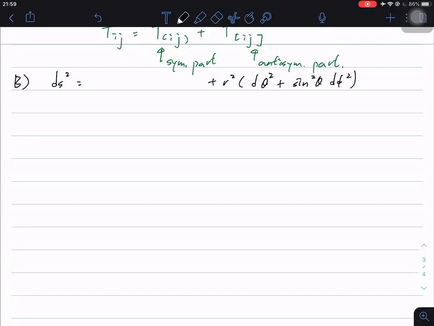Just one difference is that for the g_rr, it's not 1. It's 1 over 1 minus kr squared, dr squared. So in this line element, we are considering r smaller than 1 over root k.